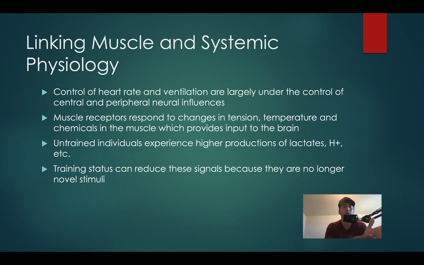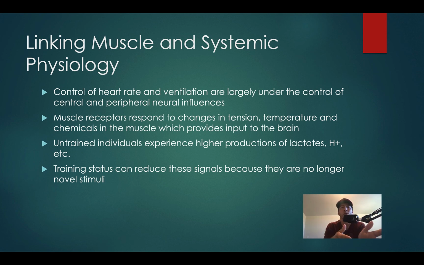We have vagal tone or parasympathetic tone, and we have sympathetic tone. Our blood vessels are also going to be under control of the parasympathetic and sympathetic nervous systems. We can vasodilate or we can constrict. Remember, there are muscles that line the outside of the vasculature. So we're able to adjust what's going on with blood flow.